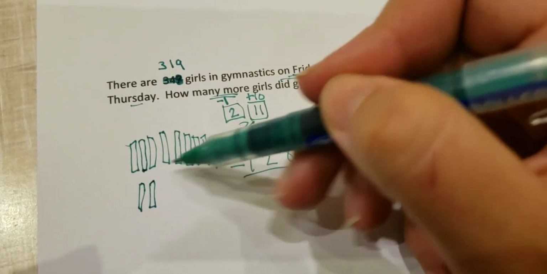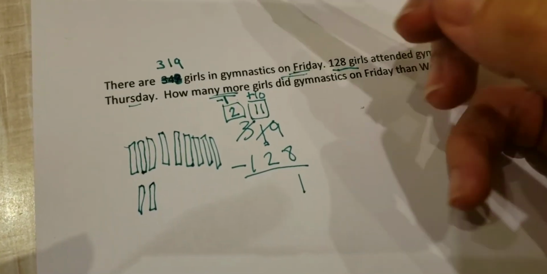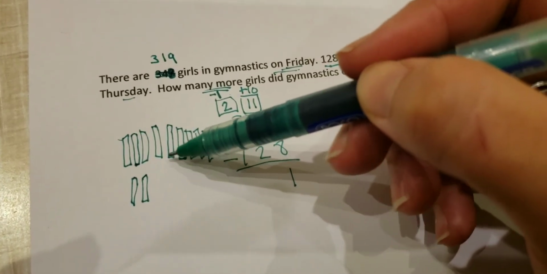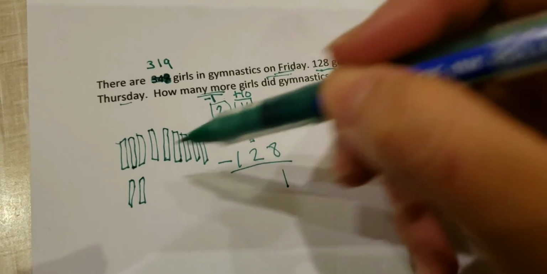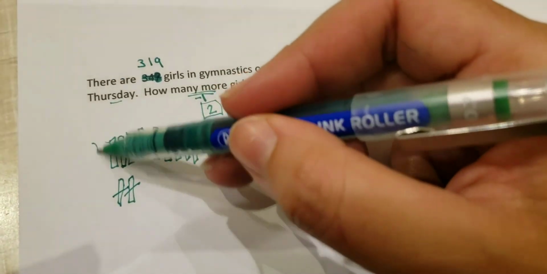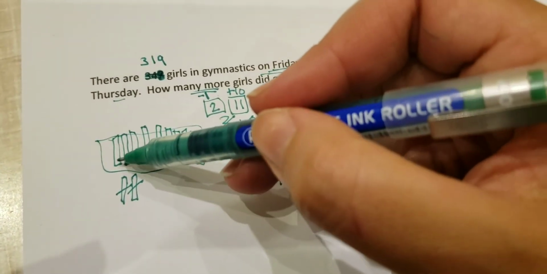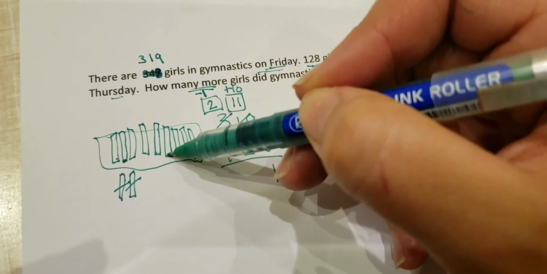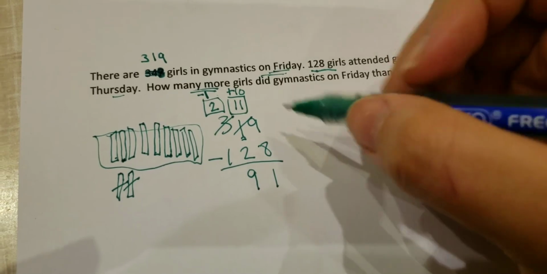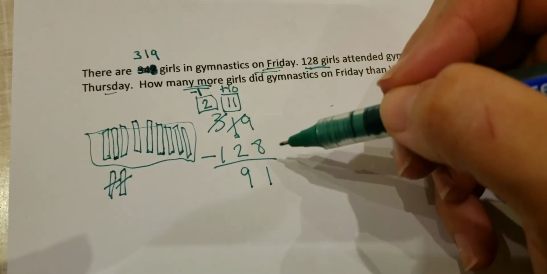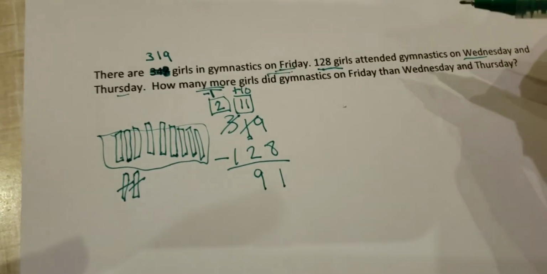I'm going to recount what I drew to make sure that I drew it correctly. 1, 2, 3, 4, 5, 6, 7, 8, 9, 10, 11. That is correct. I take away 2, 1, 2, and I'm left with, let's count, 1, 2, 3, 4, 5, 6, 7, 8, 9. Okay, I also know that 9, 10, 11, that is correct. I proved it with the picture too.